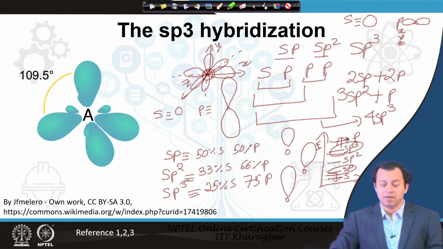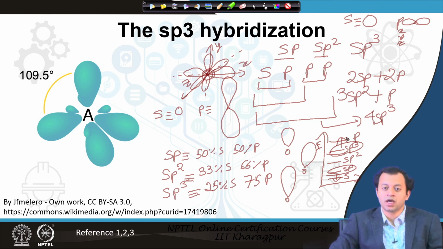From this diagram, can you tell me which one is the weakest bond and which one is the strongest bond? You need to know it because carbon can form all three. Okay? Carbon can form sp, sp2 and sp3.